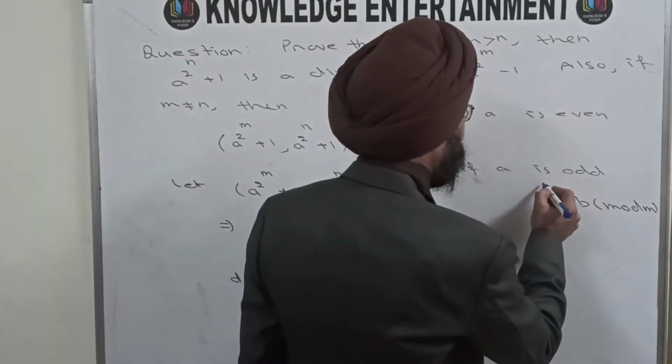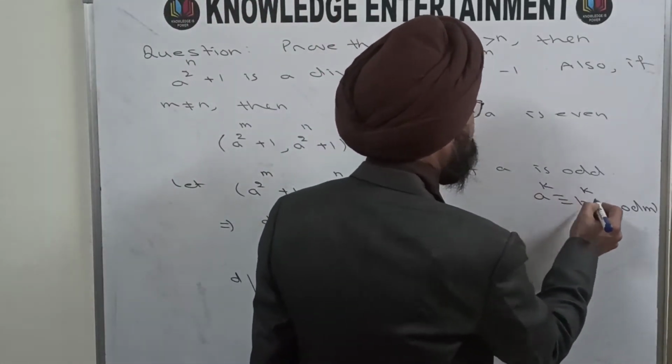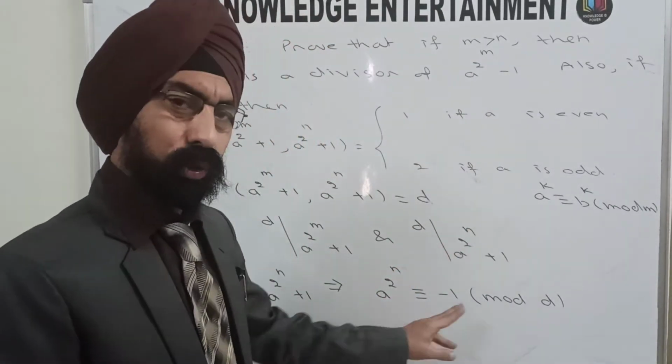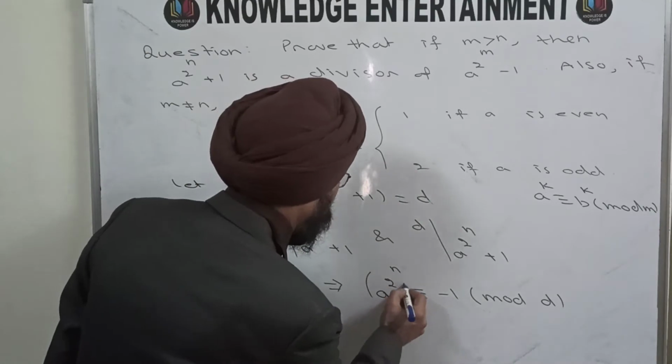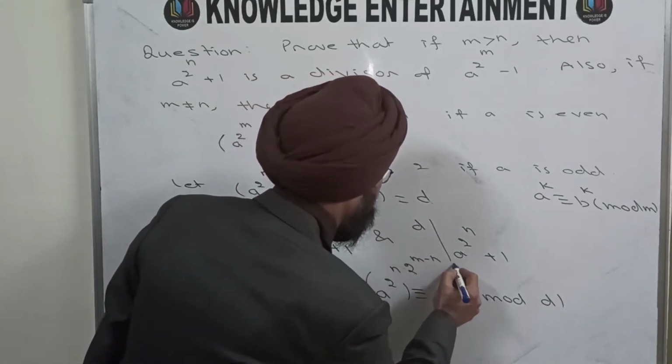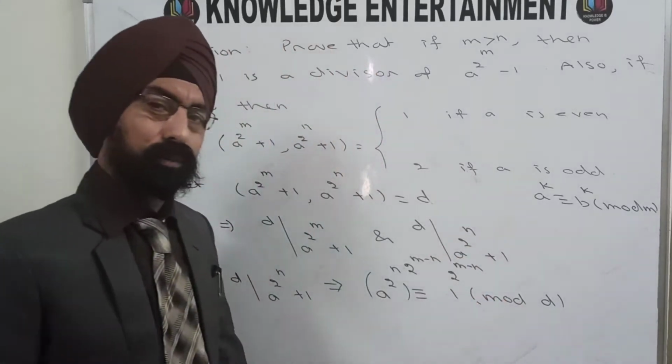That means a raised to the power k is congruent to b raised to the power k modulo m for every integer k. So what I am going to do here is raise both sides to the power 2 raised to the power m minus n.